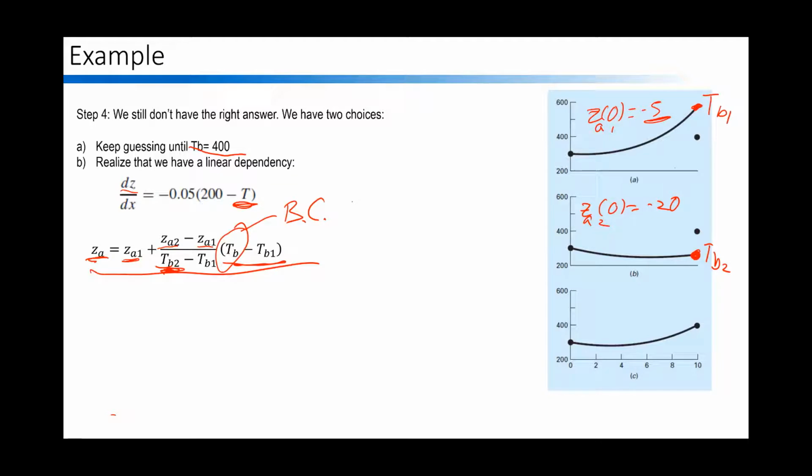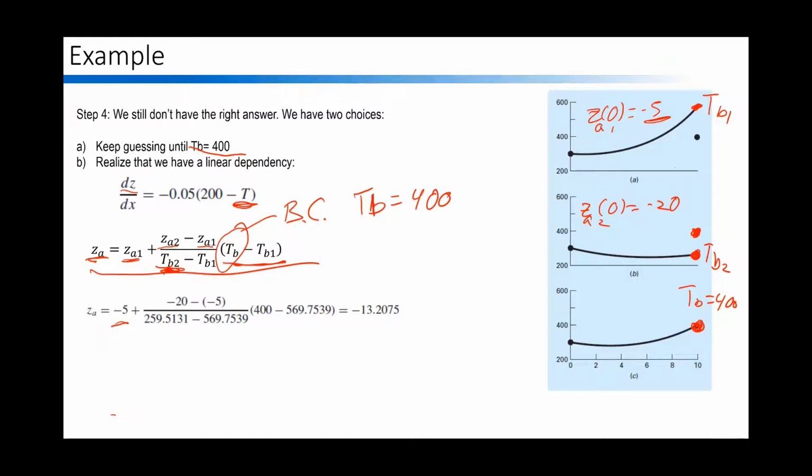In this case, we want TB to be 400, right? We want to find that point, this point right here, where TB is equal to 400. Right? So then it's just a matter of going in and punching in the numbers. We had our first guess was -5, our second guess was -20.